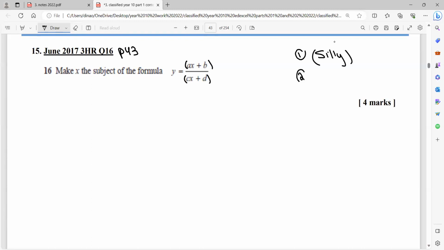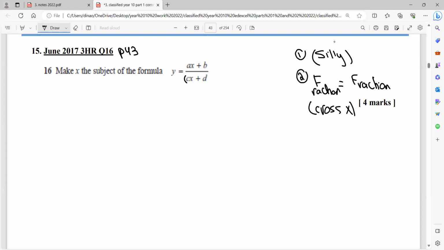The second thing that I want you to remember, which is super important whenever you're dealing with algebra, is if you have a fraction, F stands for fraction, and if you have an equal sign and another fraction, if you have two fractions and an equal sign in between, please remember that the first step is going to be cross multiplication. Always remember to cross multiply.